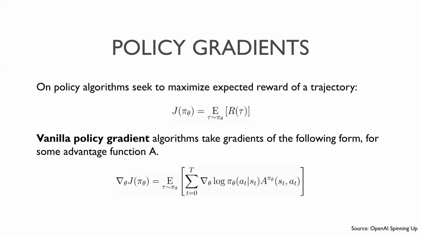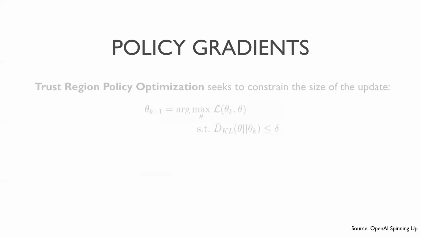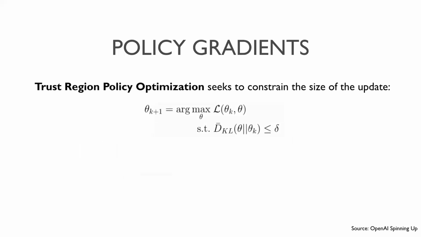So also, oftentimes this is done not just by taking gradients as in the previous slide, so just simply taking these unbiased samples of trajectories and taking gradients, but using a trust region type of method. The constraint on how much you move in parameter space is oftentimes done using a KL type of constraint, which is abbreviated in this way.